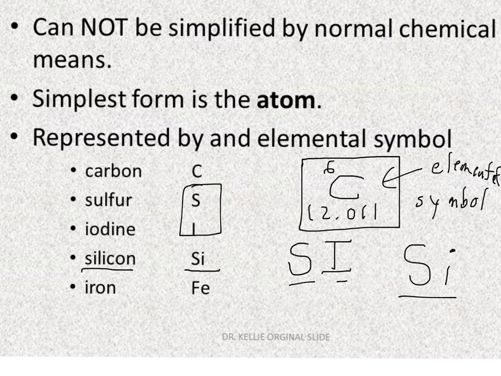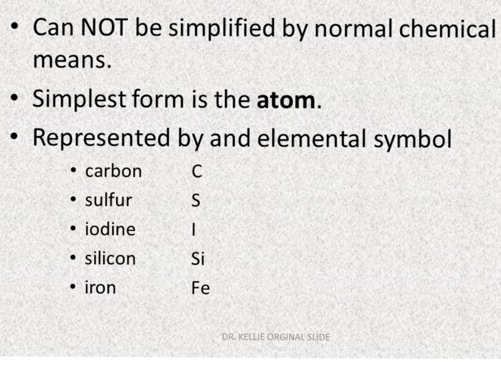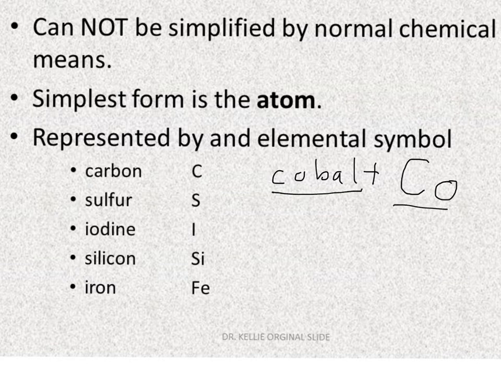Another classic example is if you go to your periodic table and look up the element cobalt. Cobalt's on your fourth row, number 27 there. You'll see that its elemental symbol is capital C, lowercase o. If I want to talk about cobalt, I write that.